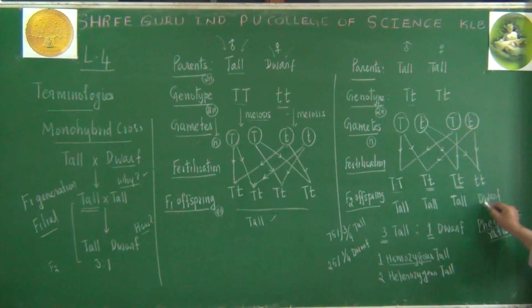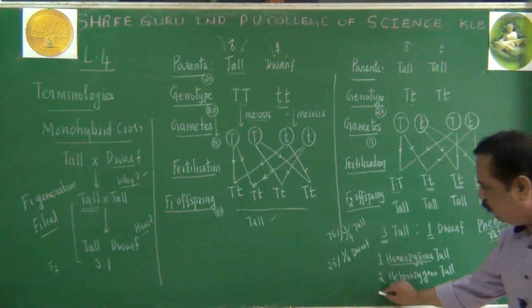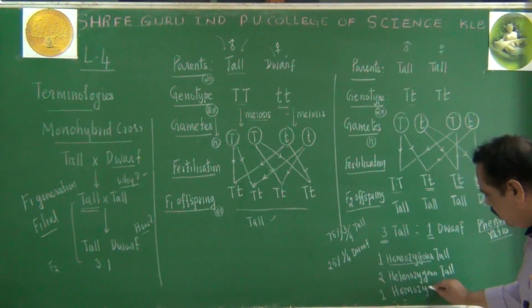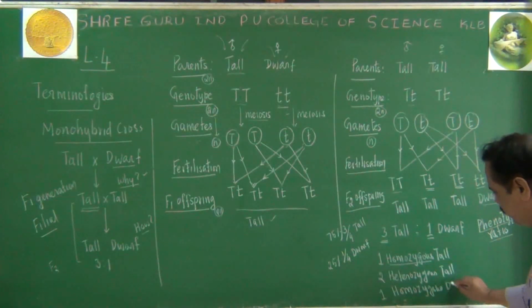And the last one, dwarfness, is always homozygous. Small t, 2 similar alleles. Then they are always homozygous only. There cannot be a heterozygous dwarf. Why? If you put a capital T here, it will become tall only. So only one is homozygous dwarf, we can say here.